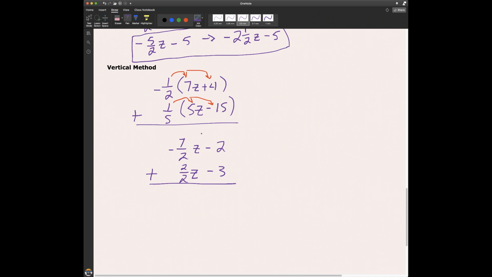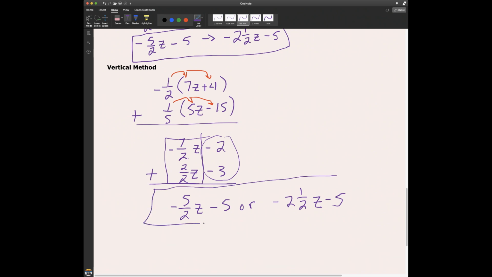Okay, and now I can go ahead and combine my like terms. And negative 7/2 z minus 2 over 2 z is just negative 5/2 z. Negative 2 minus 3 is negative 5 again, or you can write this as negative 2.5 z minus 5.